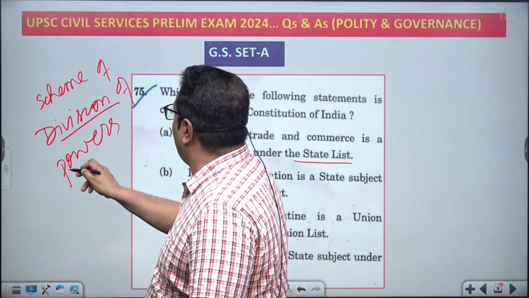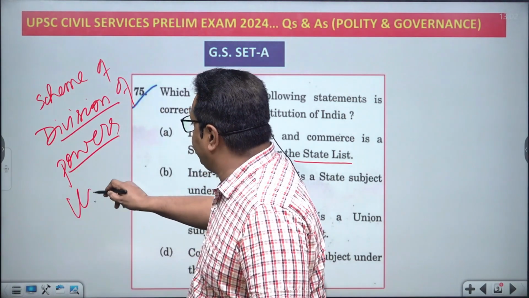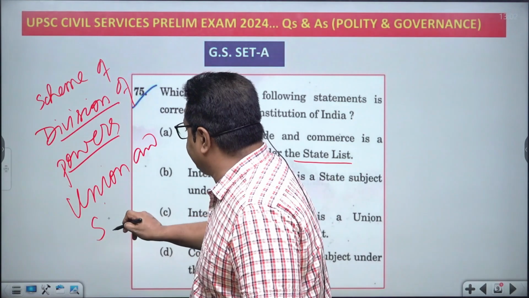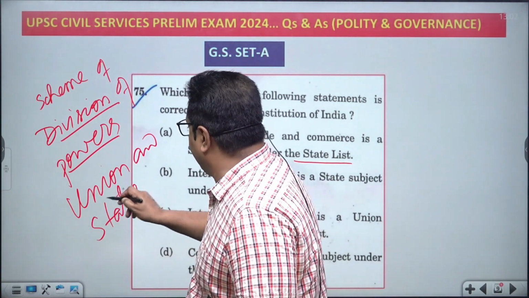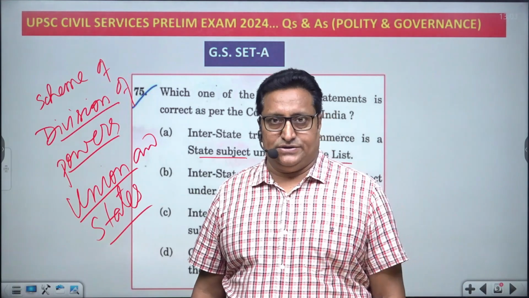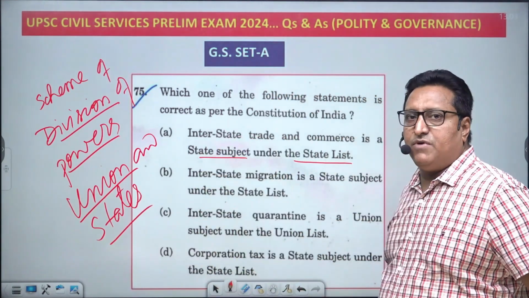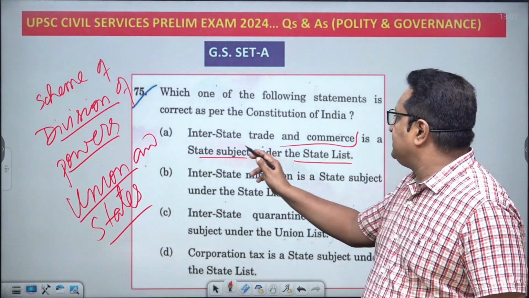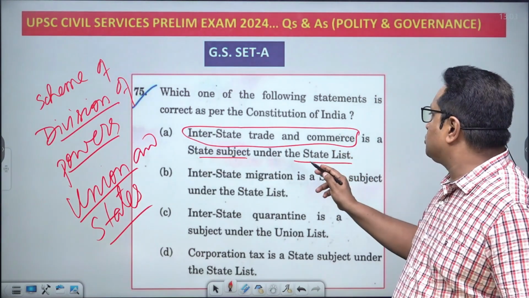Division of powers between whom? Between the union and the states. Okay? So, union list, state list, concurrent list. So, as per the scheme of division of powers, it says interstate trade and commerce is a subject that belongs to the state list.